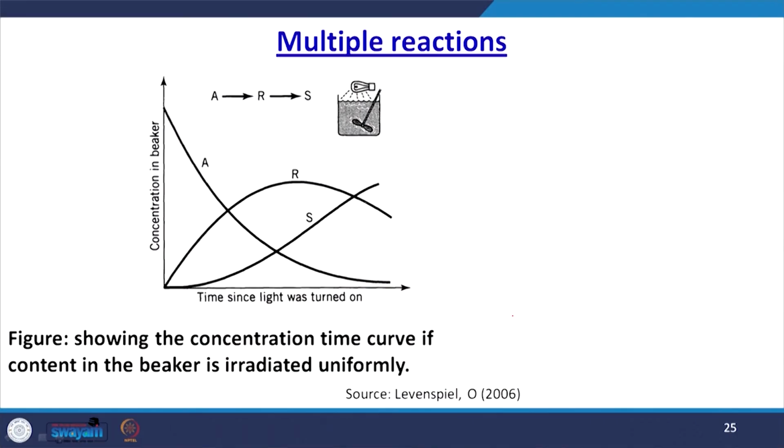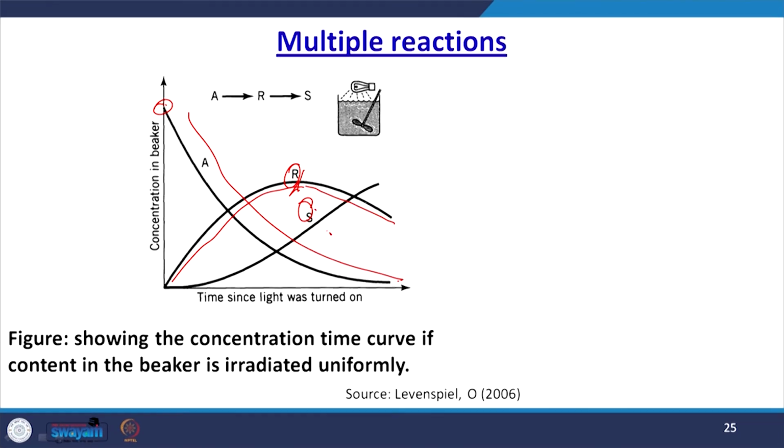Now here is the graphical representation of what we have discussed: initially you have the concentration of A on the higher side and there was no R and S, and progressively it goes on decreasing and sometimes you may have a very low value, and the intermediate goes on increasing and reaches this maximum value, and thereafter it tends to decrease.